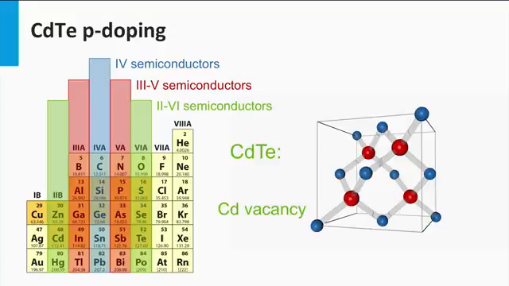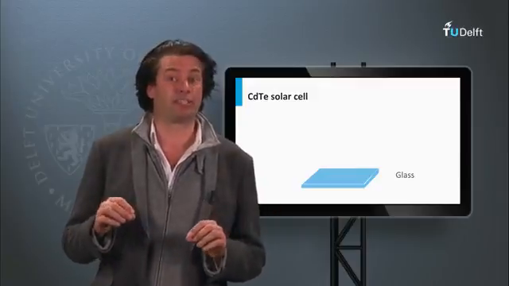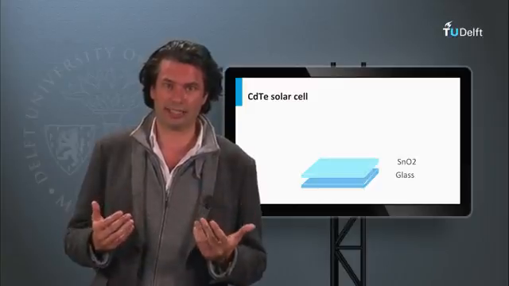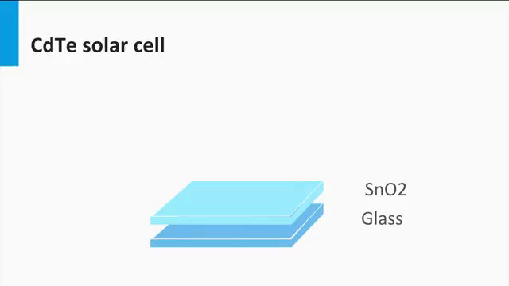In solar cells, P-doped cadmium telluride is used. However, it's difficult to give cadmium telluride a very high doping level. The structure of a typical cadmium telluride solar cell looks like this. On a glass, the transparent front contact is deposited.